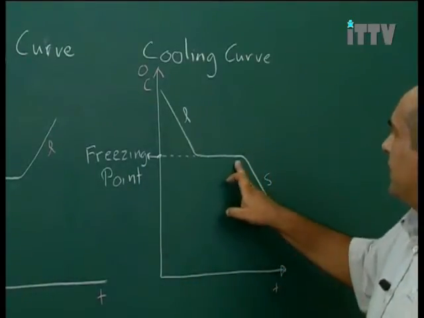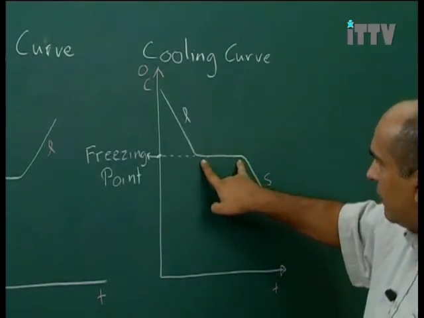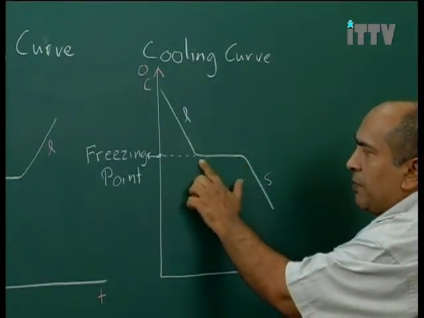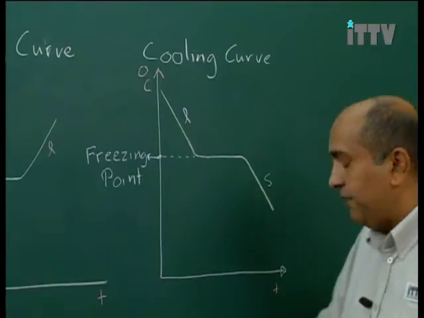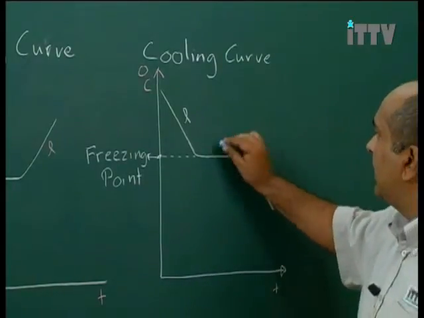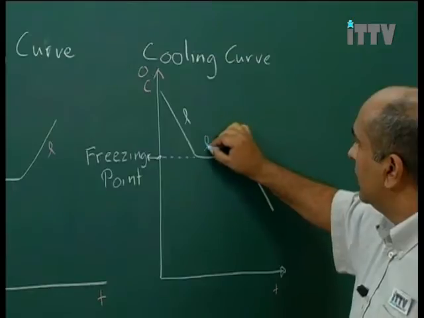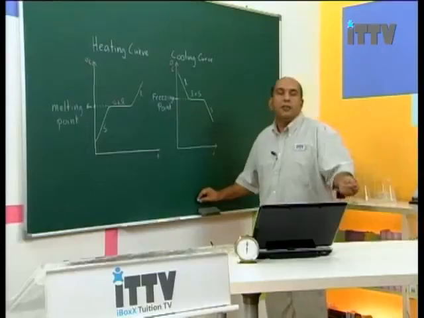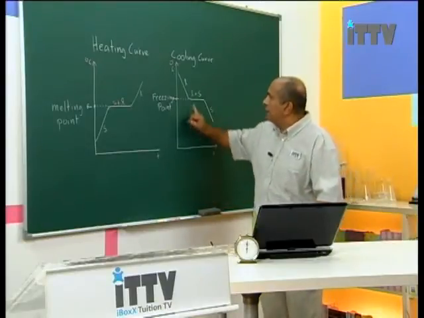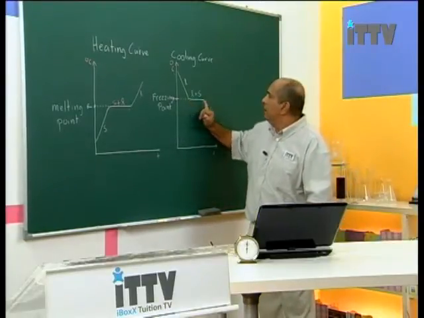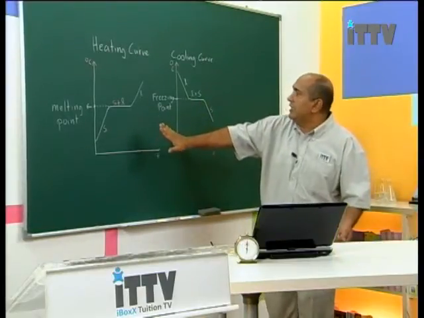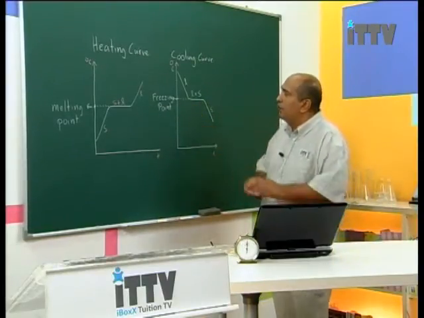So here we are freezing. And in this area here, where the line shows a constant temperature, we must have both states. In here, we have both liquid and solid present. Bit of common sense once again, everyone. More liquid here, more solid at this area over here. So this is called the heating curve, and this is called the cooling curve.